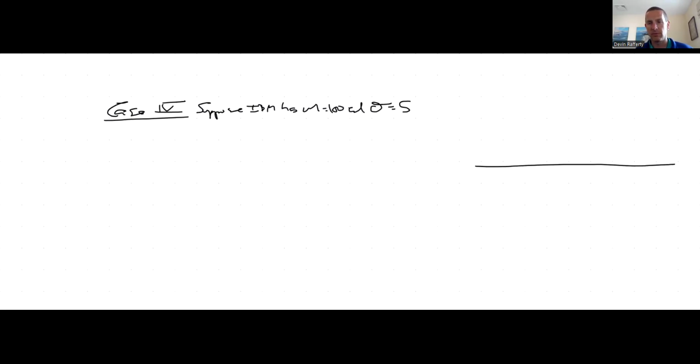Okay, so finally, the last case, case 4. Now we want to know, suppose IBM has an average of 100 and a standard deviation of 5. Now let's suppose we want to know the probability that IBM stock finishes the day between, I don't know, $89 and $93.